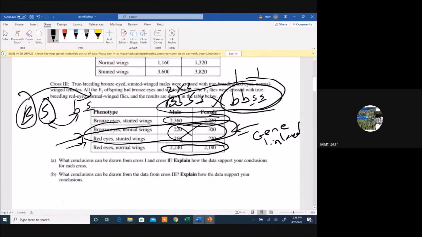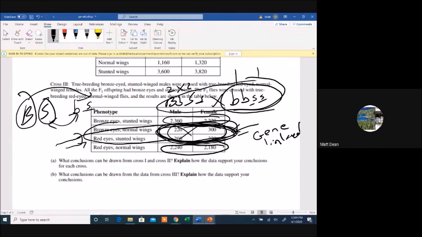What they've done here is they figured out that this is about 10% of the offspring. So about 10% of the time the genes cross over, and 1% crossover is said to be 1 map unit. That's a way, again, to estimate distance between linked genes. So these cross over about 10% of the time, so we can estimate that they're about 10 map units apart on the same chromosome.